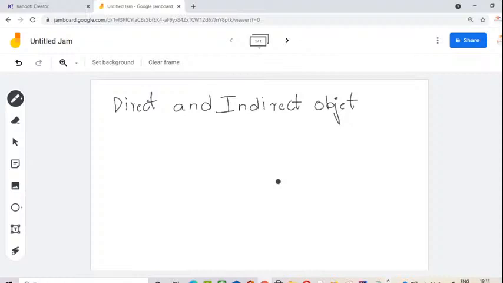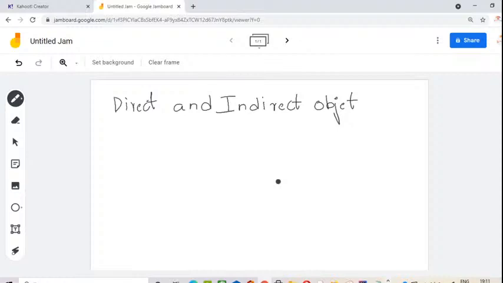In some sentences we will have both a direct and an indirect object. Those sentences we call transitive sentences. We may have both direct and indirect objects in only one sentence, so how do you identify them? That's today's topic.